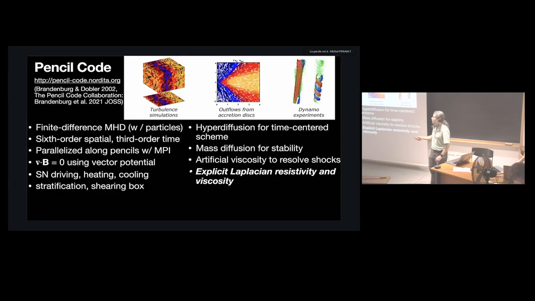And so we wanted to address that. We came back with a modern code, Pencil Code, sixth order instead of second order, and with explicit Laplacian resistivity and viscosity. We did not rely on grid viscosity as we did back in the day. But again, using supernova driving for the turbulence.